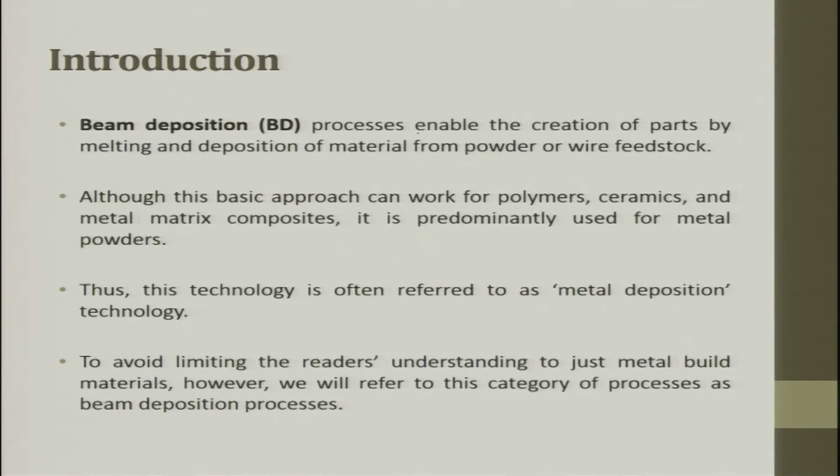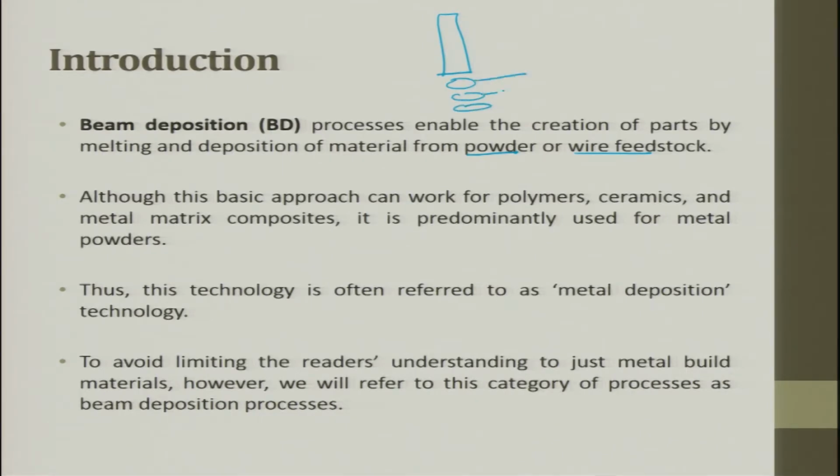The beam deposition process enables the creation of a part by melting and deposition of material from powder or wire feedstock. So, you can use a powder or you can use a wire feedstock. In a crude sense, if you have a wire, when you heat the wire, it changes into small droplets.